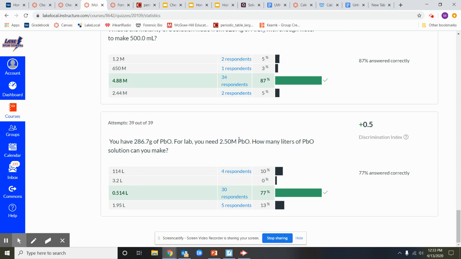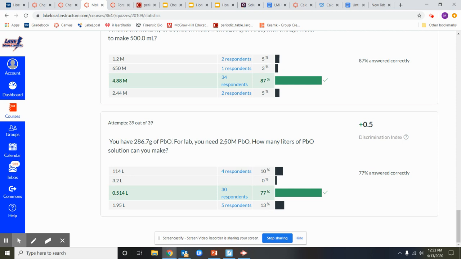So you have grams. So again, molarity, nothing to do with grams. It needs moles. So you're going to take this 286.7, get that into moles. So you're going to divide by the molar mass of lead 2 oxide, which in this case is 223.2. So when you divide that out, you get 1.28 moles. So there's your moles. You have your molarity.